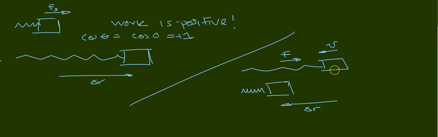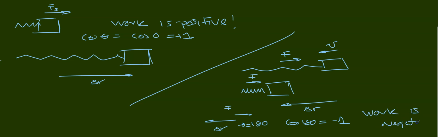So towards whatever equilibrium position, let's say this was the unstretched position of the spring. As it got compressed, the spring wants to push back to go back to its original unstretched length. Notice then how the force is pointing to the right, the displacement is pointing to the left. There is an angle of 180 degrees. So the force and the displacement are anti-parallel, and that means cosine of 180 equals minus 1. So the work is negative.